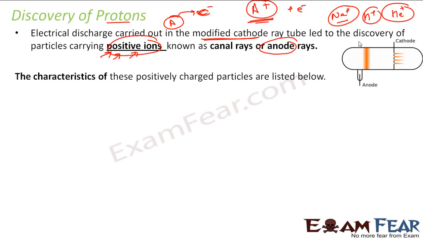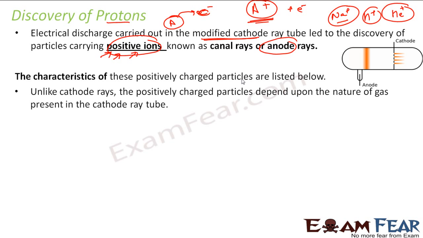Now what they found is that these positive ions have some properties. For example, in the cathode ray tube, what we had was electrons, and as I told you, you can take electrons from anything, gold, silver, it doesn't matter, it has the same property. But if you talk about positive ions, sodium ions, hydrogen ions, helium ions, they all have different properties, correct?